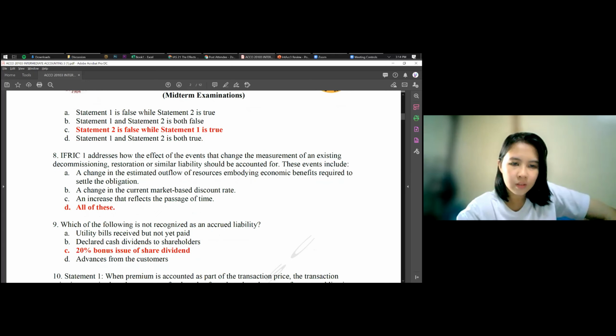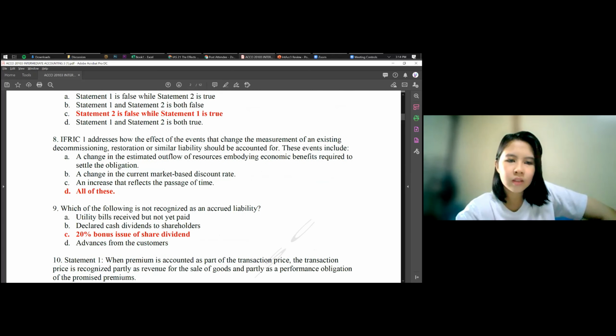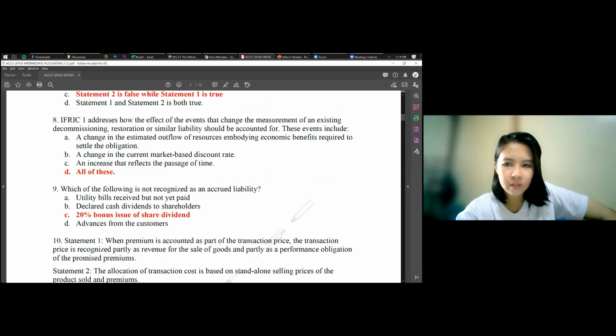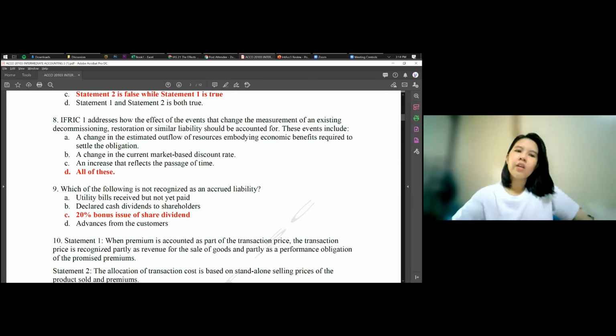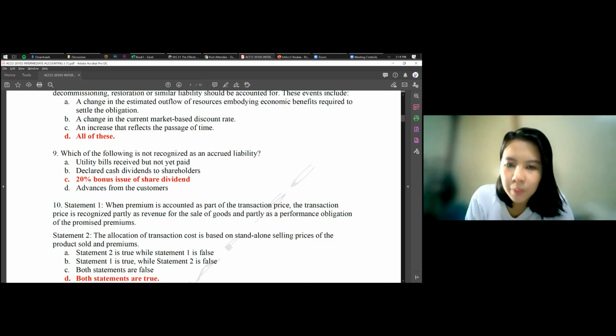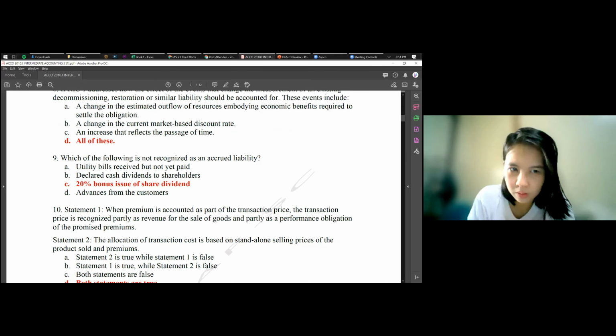Okay. So for statement number 1 or item number 10, when premium is accounted as part of the transaction price, the transaction price... it's premiums.